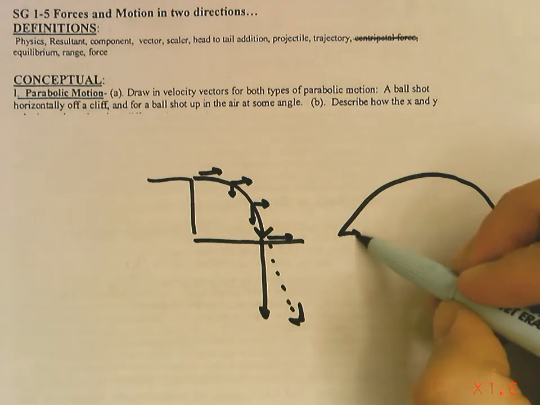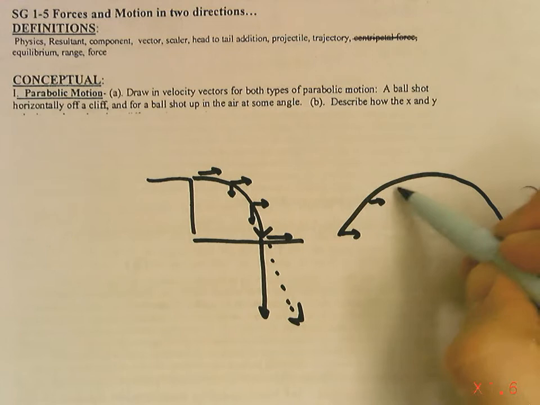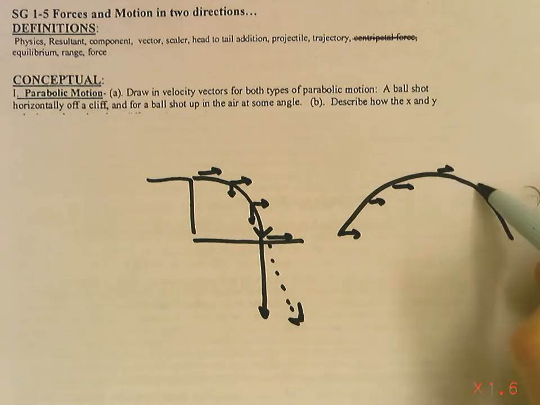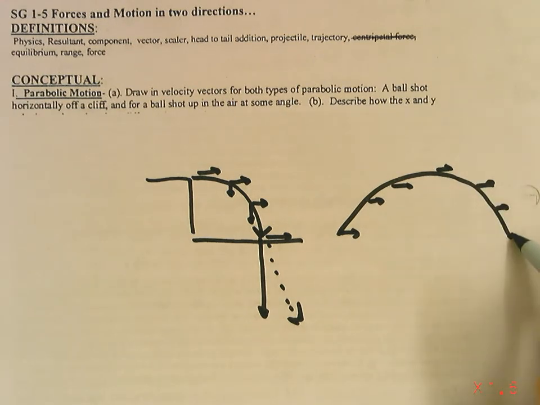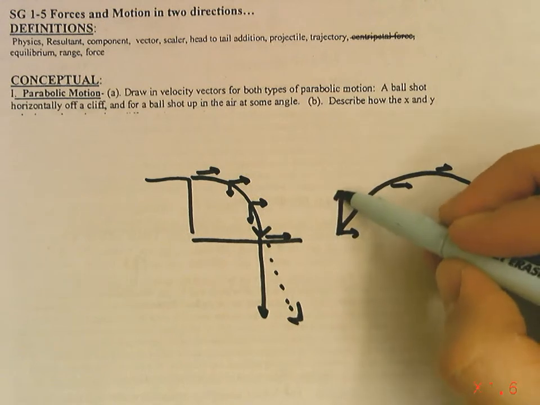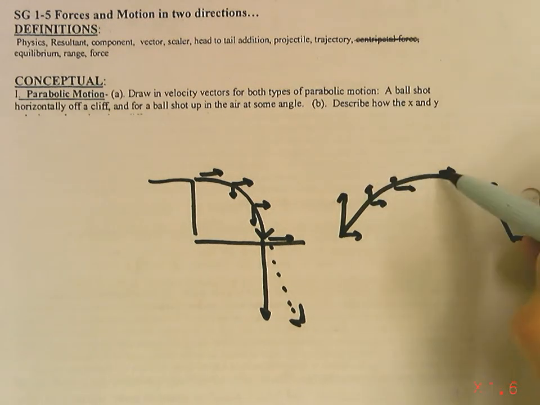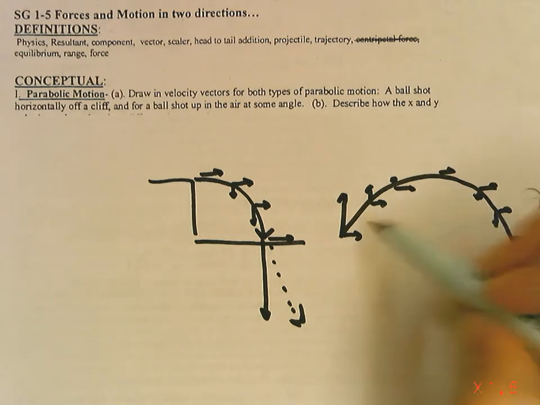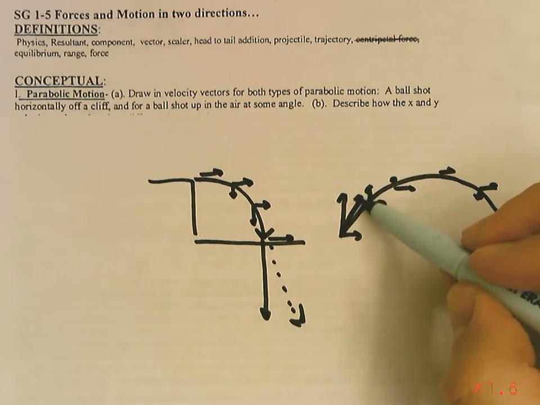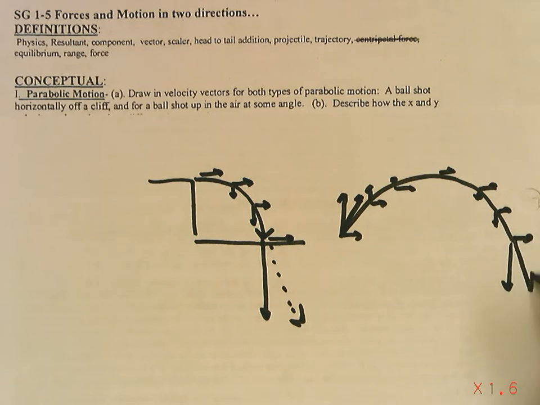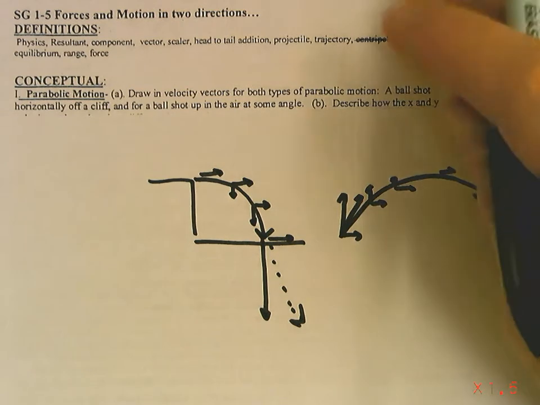Once again, the x stays the same all the way through, while the y changes. At the beginning there might be a lot of y, less, at the apex none, then it starts going back down, increasing in y. What's kind of weird is that whatever v we start with is the same that we land with, as long as they're at the same height.